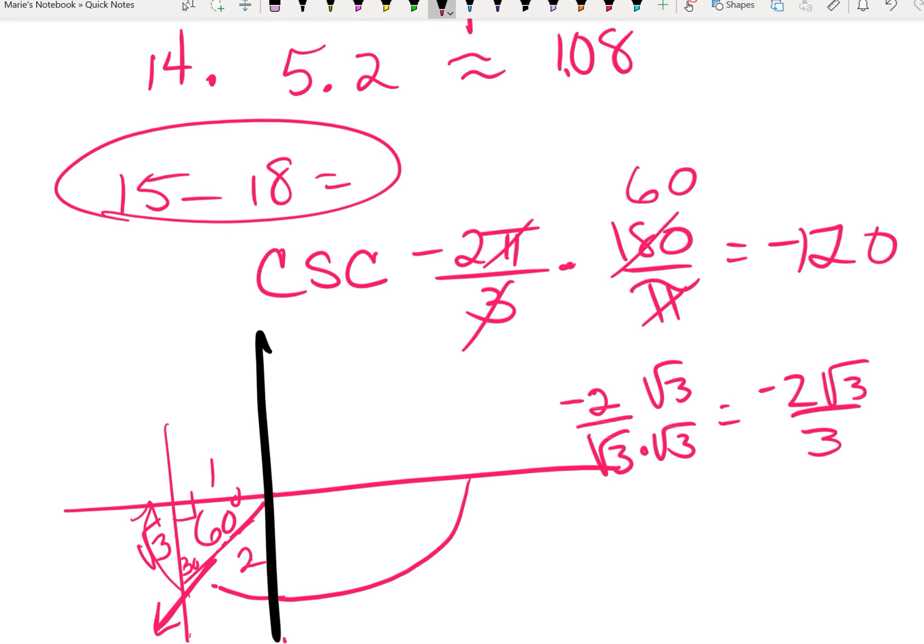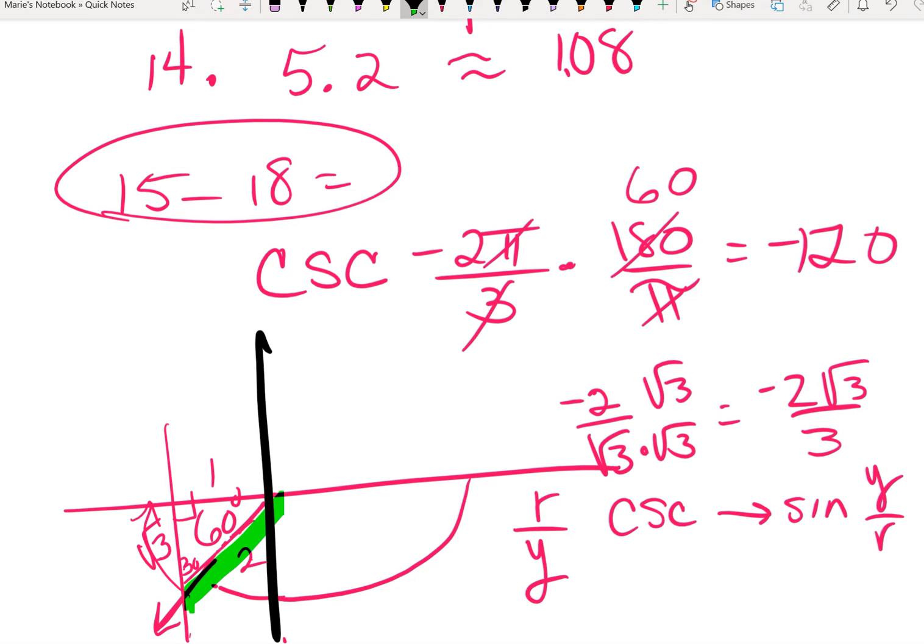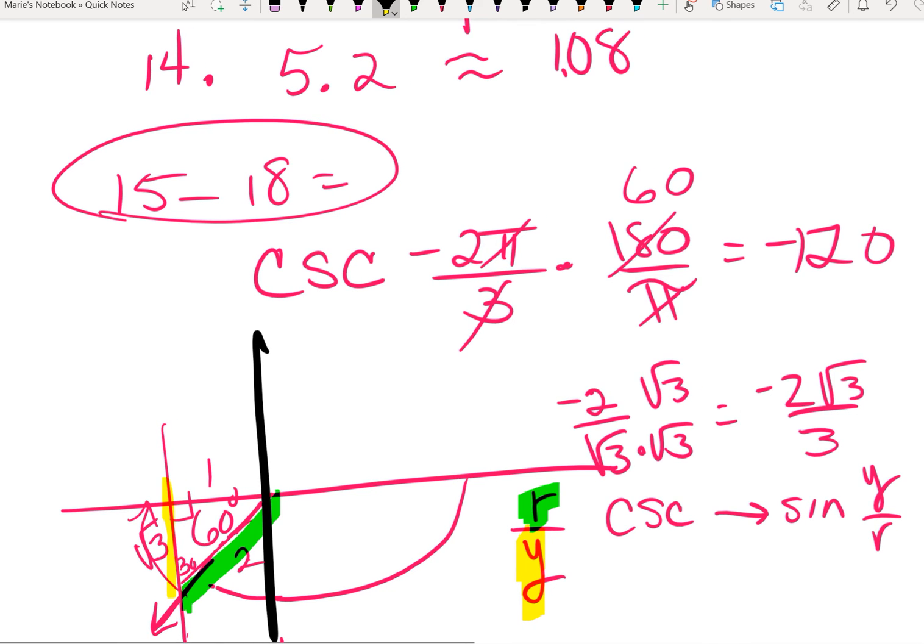You can remember, again, the ratio where cosecant lines up with sine. And if sine is y over r, this is r over y. Okay, so here's r in the green. That's r. And here's your y. And just remember, we don't like radicals in the denominator.